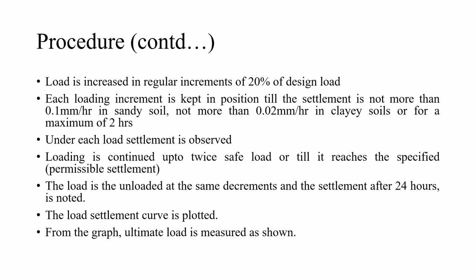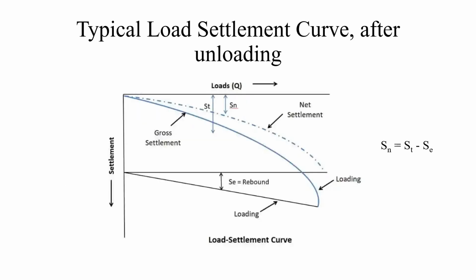Then the load is unloaded at the same decrements, and settlement is measured after each 24 hours. Okay, so we have increased by 20%. The same amount of load is removed every 24 hours, and the settlement is noted after 24 hours of decreasing the load. Then the load settlement graph is plotted. From the load settlement graph, the ultimate load is measured, as shown below.